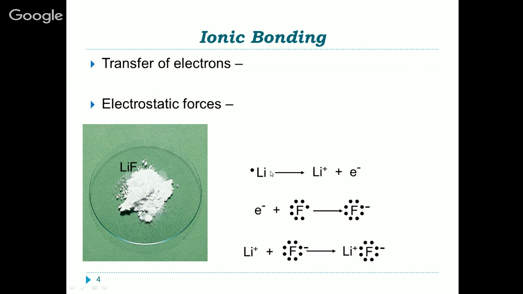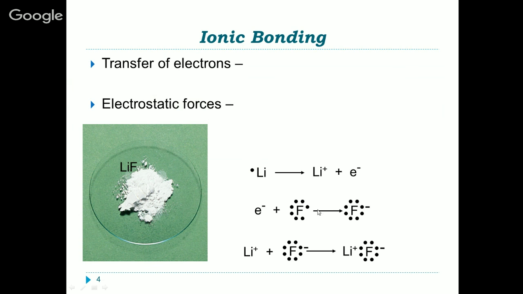Down here, for example, we have lithium with its one electron that it can give up. And when it gives up its one electron, we'll see that it becomes like a noble gas in its electronic configuration, which means that it's more stable. So it gave up its electron, it became positively charged.